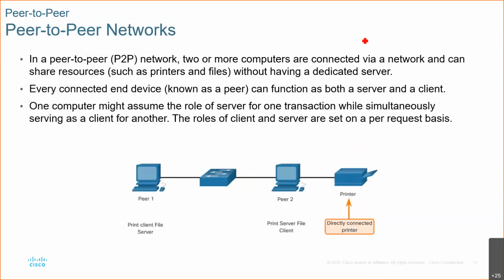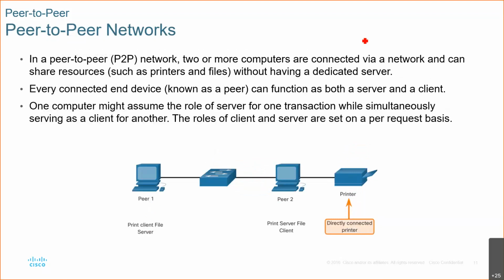Now, the topic we're here to concentrate on is peer-to-peer. In a peer-to-peer network, we have a series of computers, two or more, connected via a network without having a dedicated server.